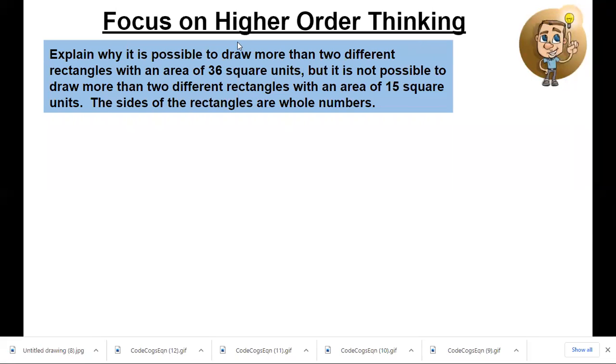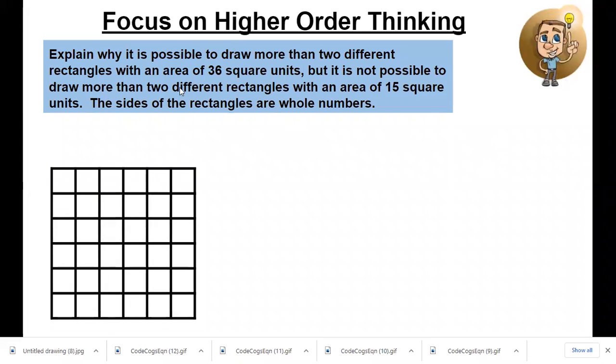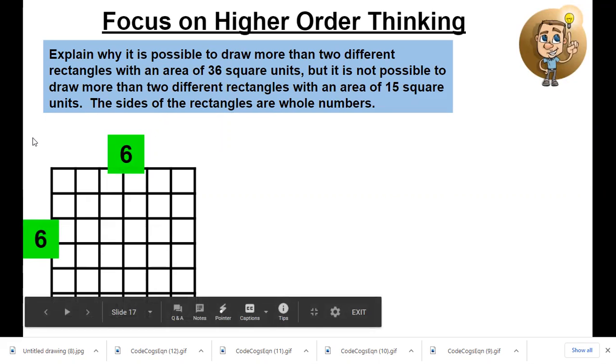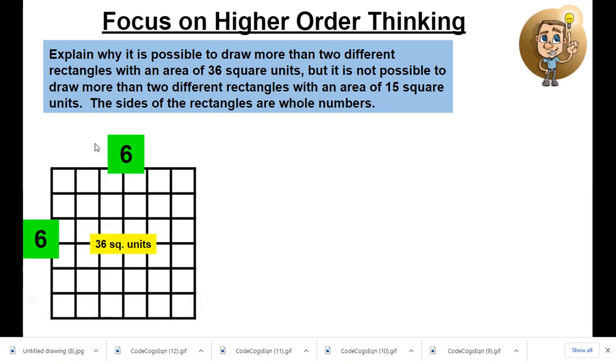Clear my drawings. Here's one rectangle that has 6 units going across. 1, 2, 3, 4, 5, 6. That's its width. And it has 1, 2, 3, 4, 5, 6 going up and down. That's its length. Or actually, we could say the width is this, and that's the length. So we multiply 6 times 6, and that'll give us 36 square units.